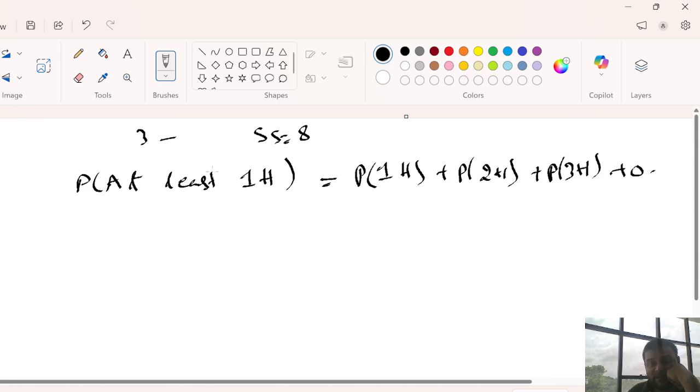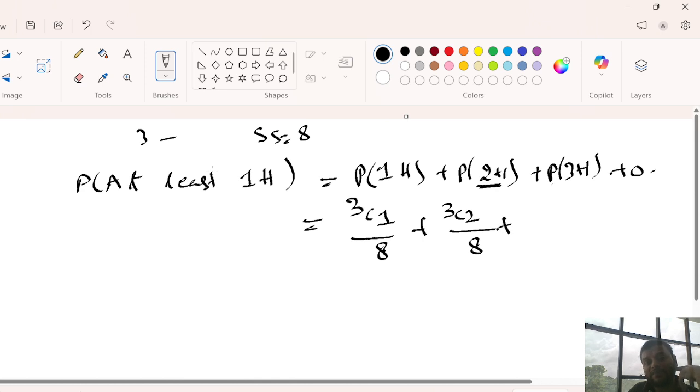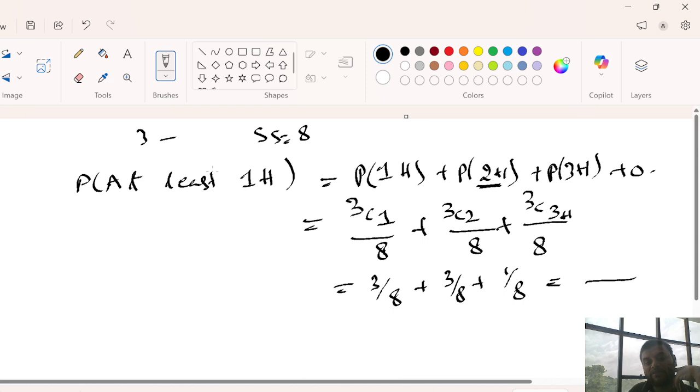The probability of getting one head is choosing one head out of three coins, that is 3C1 by 8, plus the probability of getting two heads, choosing two heads out of three coins, that will happen in 3C2 ways by 8, plus the probability of getting three heads, choosing three heads out of three coins, that will happen in 3C3 ways by 8. So 3C1 is nothing but 3 by 8, 3C2 is nothing but 3 by 8, 3C3 is nothing but 1 by 8. Altogether you are going to have 7 by 8.